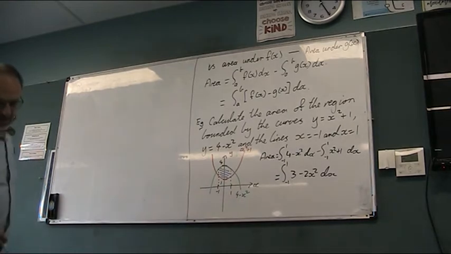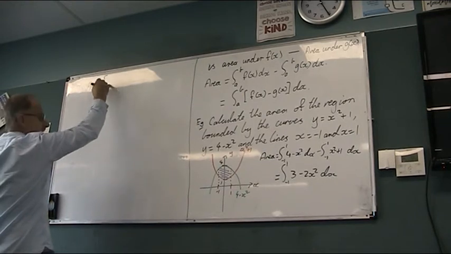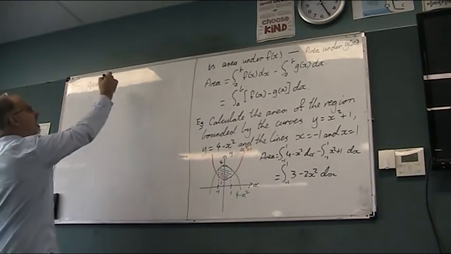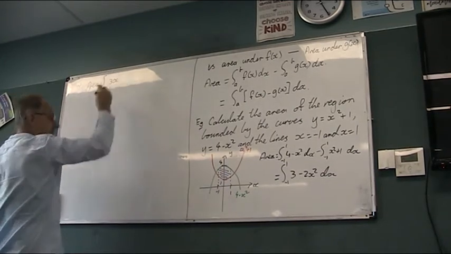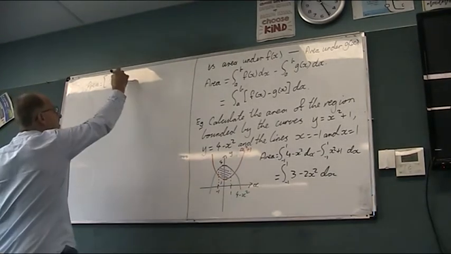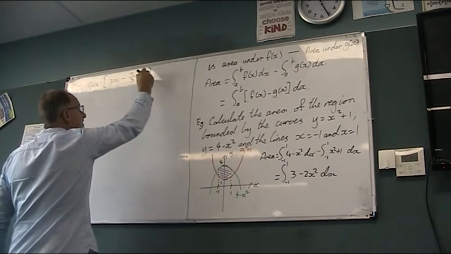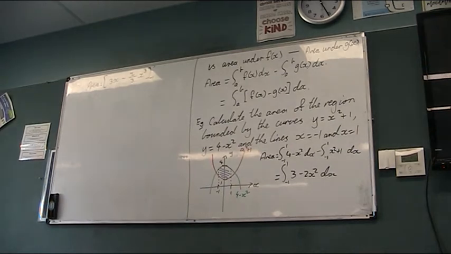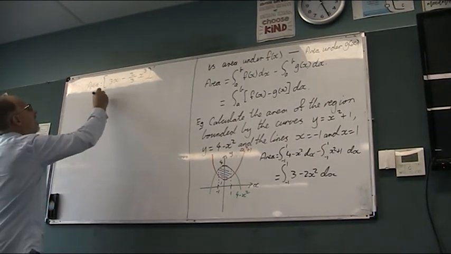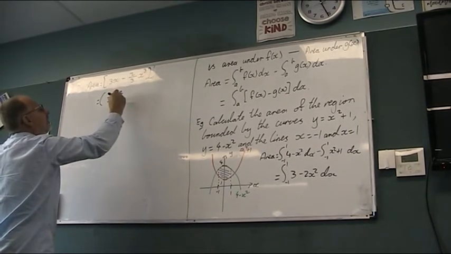All right, so the antiderivative of 3 is 3x. The antiderivative of -2x squared is -2x cubed over 3, so you can write it like that. Now we can substitute our numbers. Substitute 1 in, you get 3 there, minus 2/3.